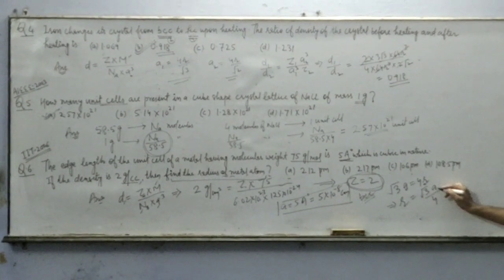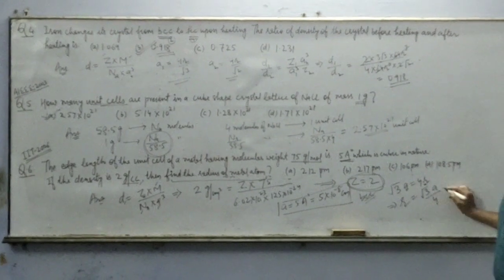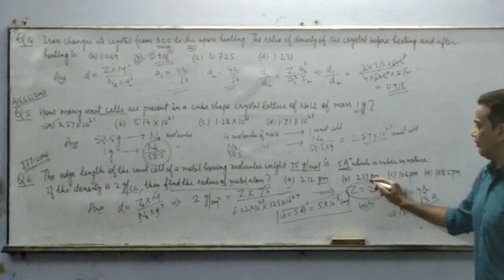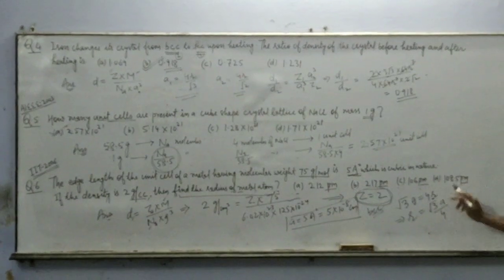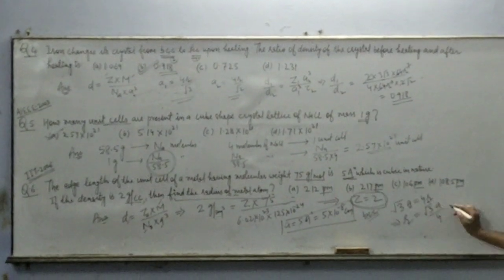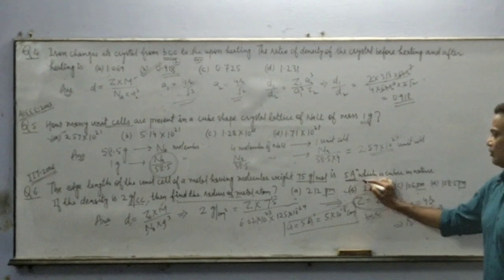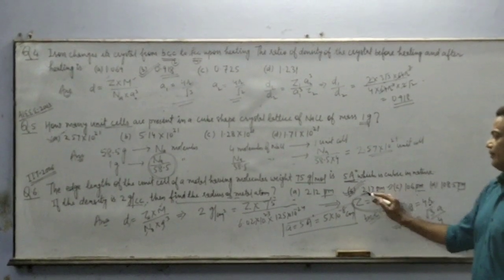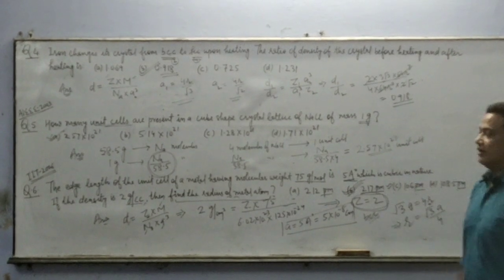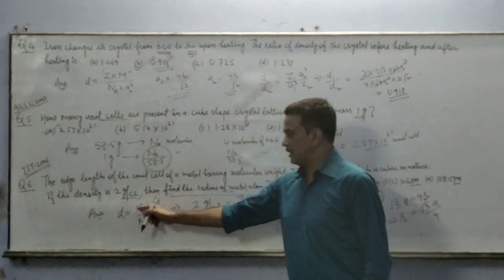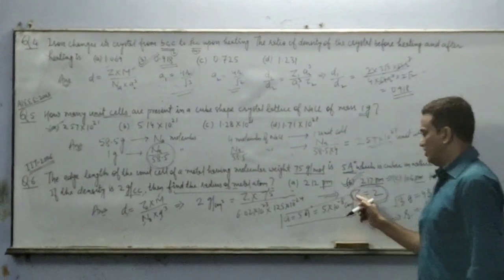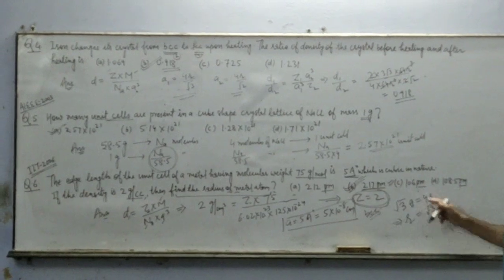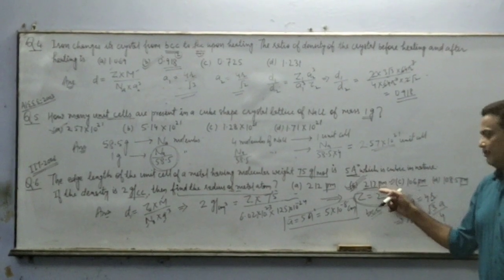Putting the value of A, 5 angstrom, and since the options are given in picometer, you have to convert angstrom into picometer, and you will get your answer. It would be 217 picometer. So the correct answer is 217 picometer. So first you have to find out the type of crystal lattice, that is BCC, and then use the relationship between A and R for BCC to get the radius of the metal atom.